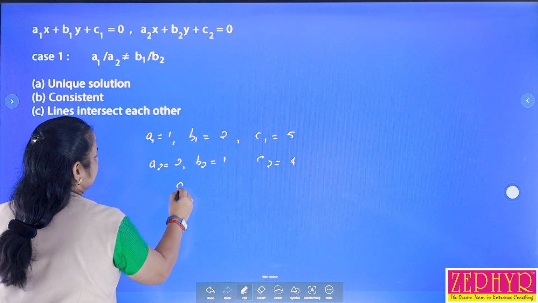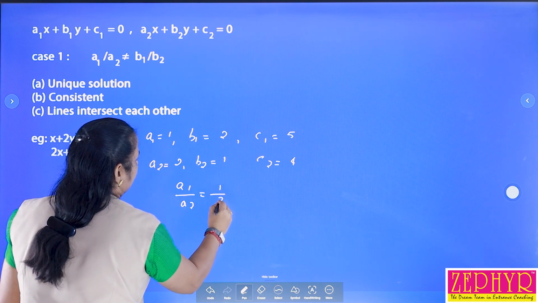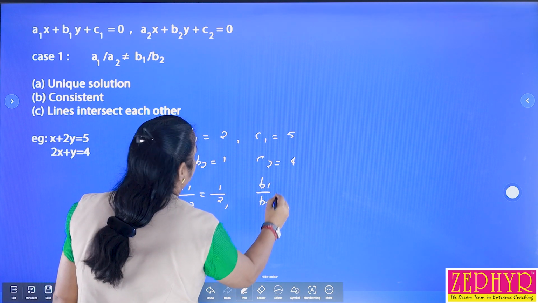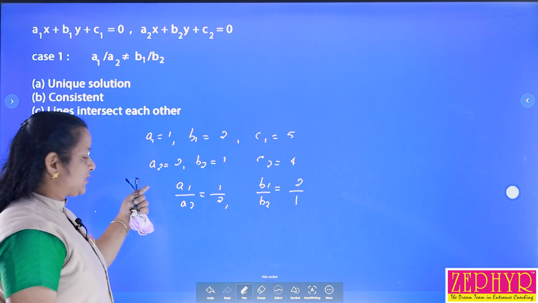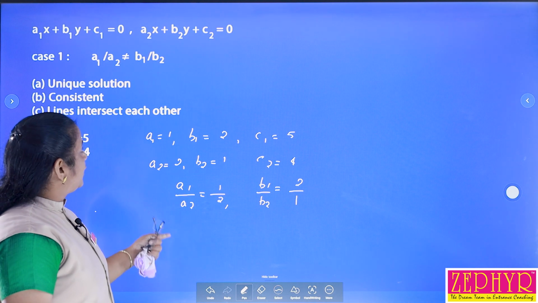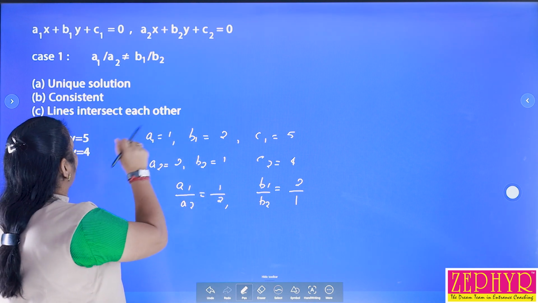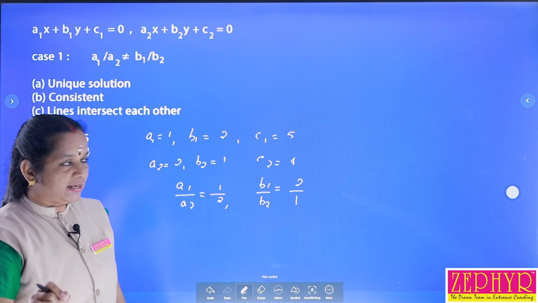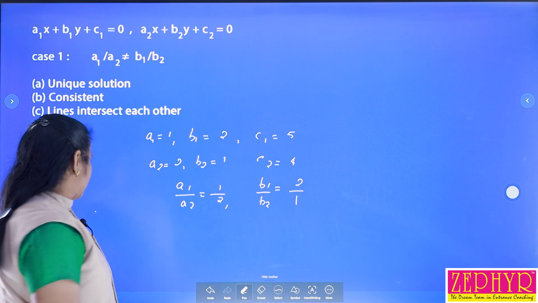What is a1 by a2? a1 by a2 is equal to 1 by 2. Then b1 by b2 is equal to 2 by 1. So it is clear that a1 by a2 is not equal to b1 by b2. So this system of equations has a unique solution, it is consistent, and these lines intersect each other. This is the first case.